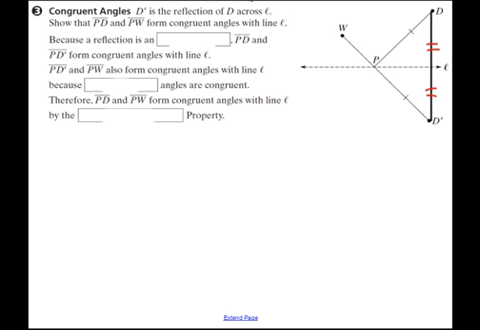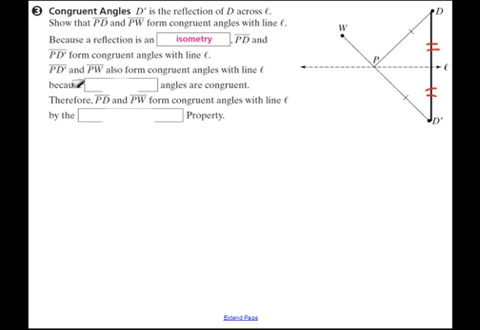So that might help us get a little further in this. The way they do it, they say because a reflection is an isometry, we know that PD and PD prime are going to form congruent angles with the line. So if we looked at triangle PD and then this point here, that's going to be the same as triangle PD prime and whatever this point is here. So these angles are going to be the same, these angles are going to be the same, this segment, this segment, this angle in here, this angle in here, and so on.